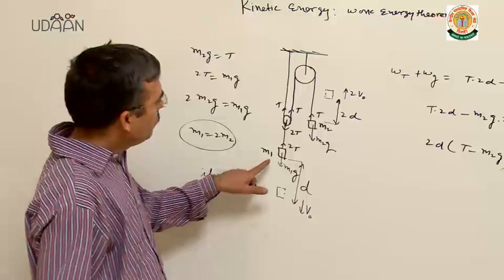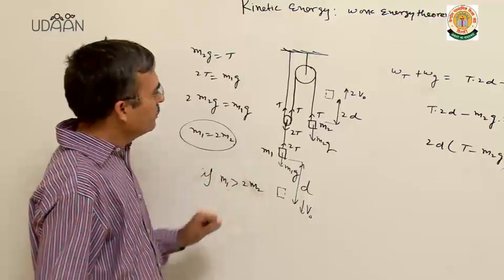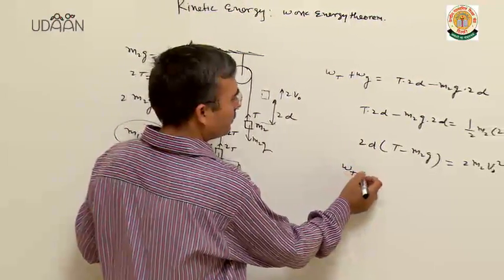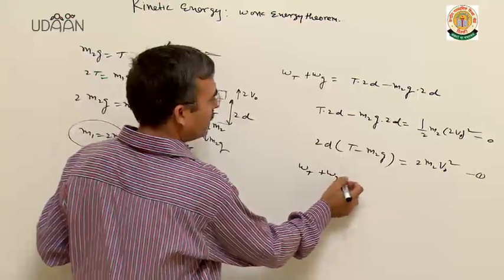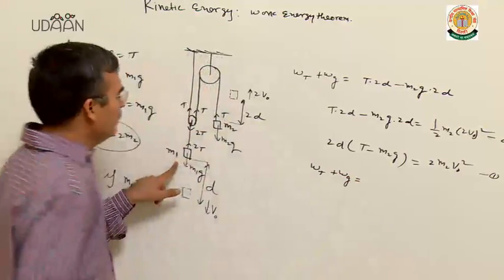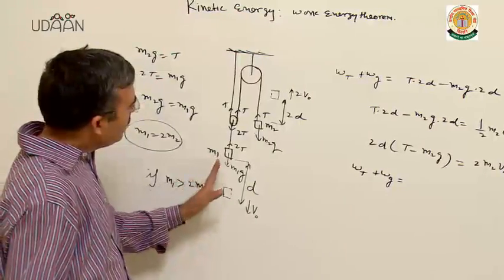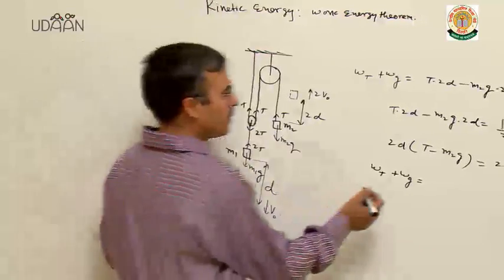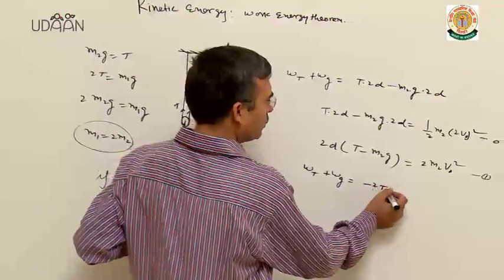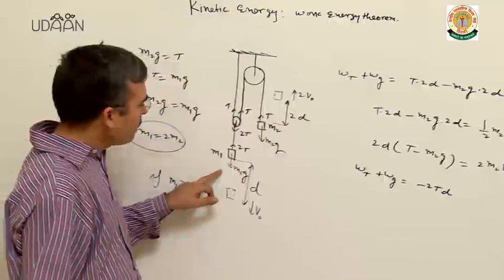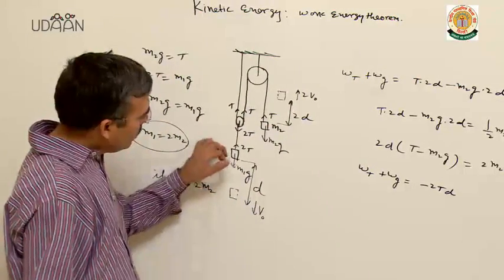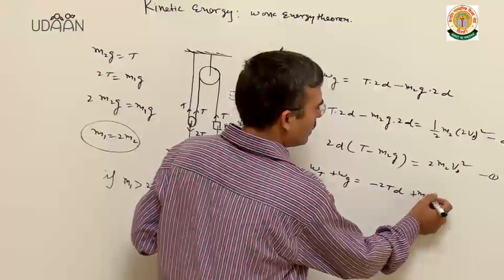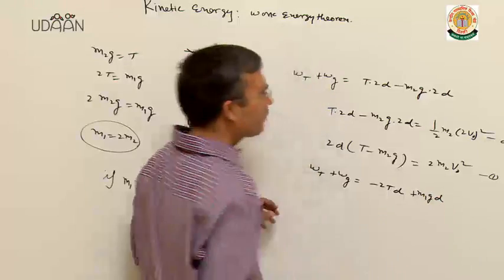Now for second block, m1 block, let us calculate work done by tension plus work done by gravity. Work done by tension, negative आएगा, tension is upward, displacement is downward, so this will be minus 2t into d. Work done by m1g will be positive, m1g downward, displacement is also downward, so that is m1g into d.